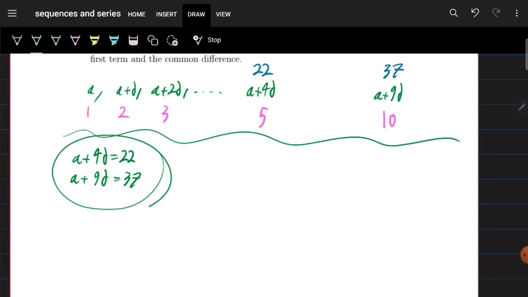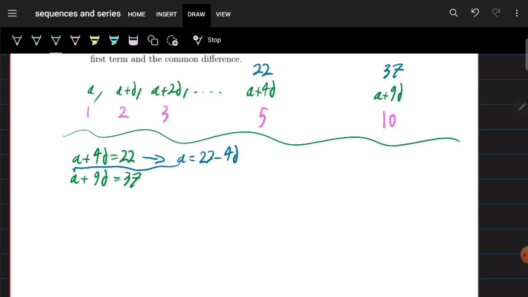So we're just going to solve these two equations, again by method of substitution, and that's going to give us our common difference and first term. I'll solve for A here. So A is equal to 22 minus 4D, and we'll plug that into the second equation. So 22 minus 4D for A, and then we have our plus 9D is equal to 37.